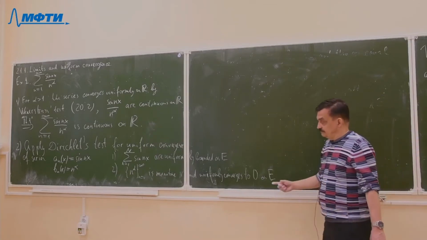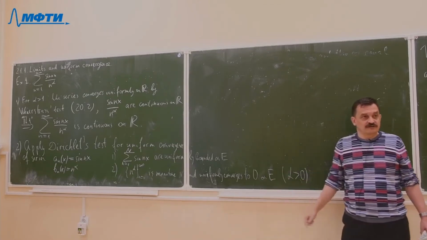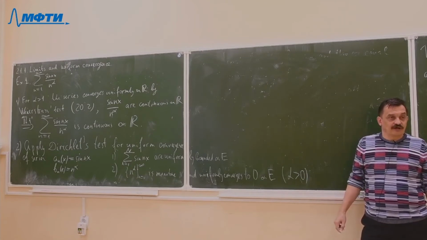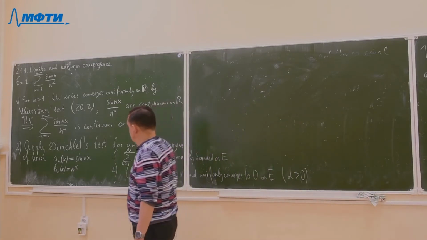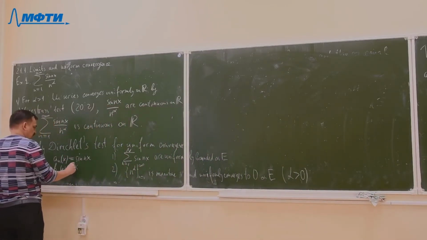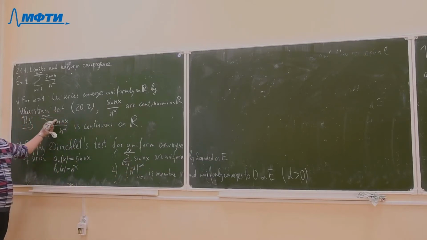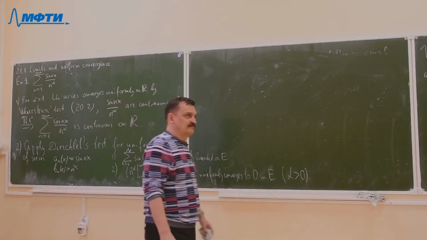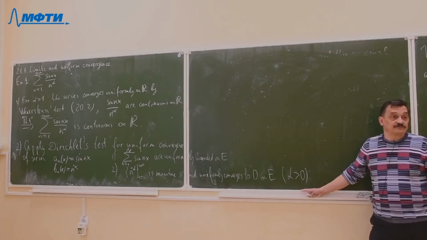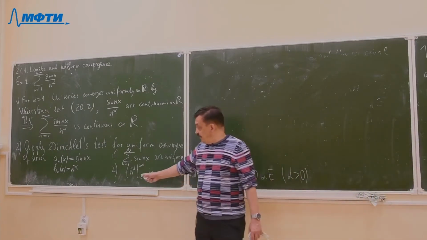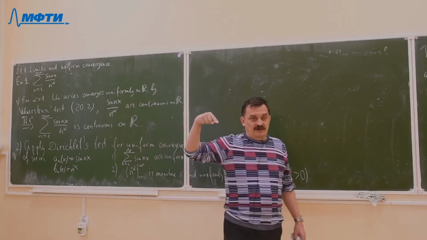Because for alpha positive, n power minus alpha is monotone and tends to 0, that's true.